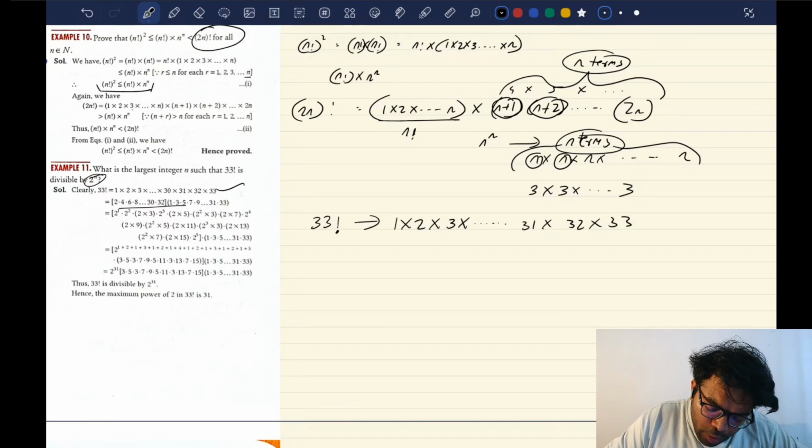Now I'm going to take out all the even numbers and odd numbers separately.